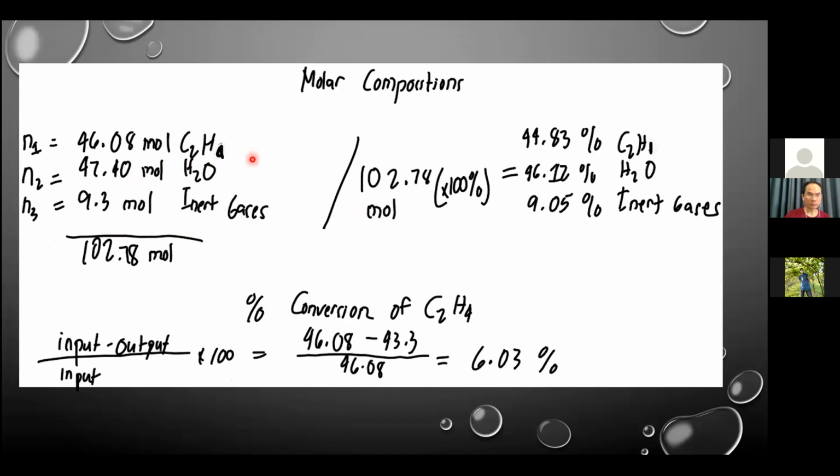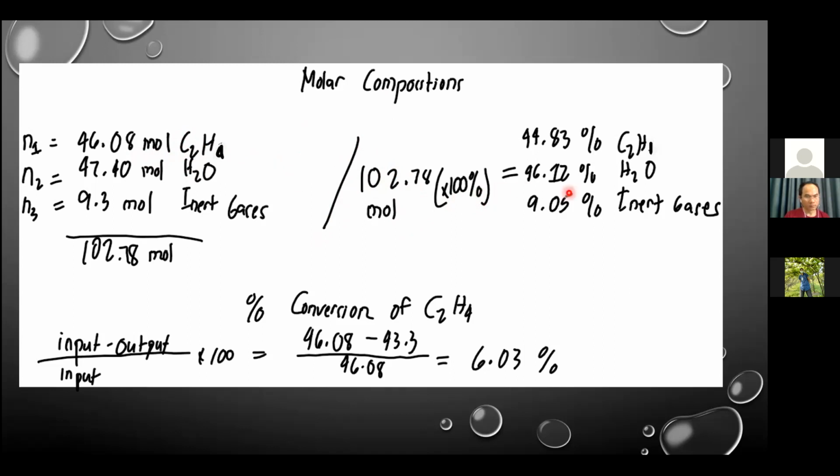To know the molar composition of the input, we're going to sum this up, and then we're going to divide the molar fraction of the input over the total moles in the input times 100.